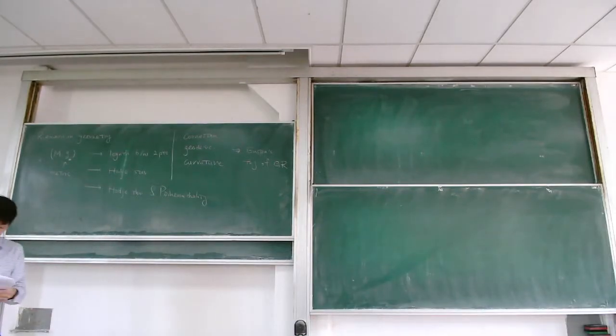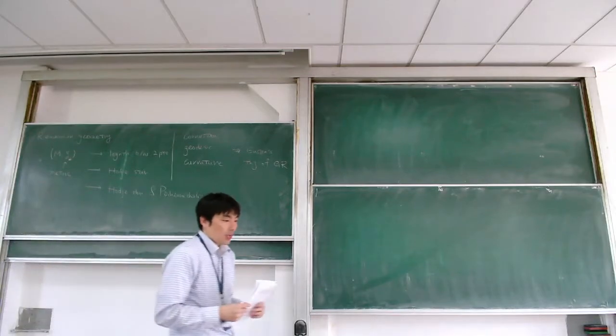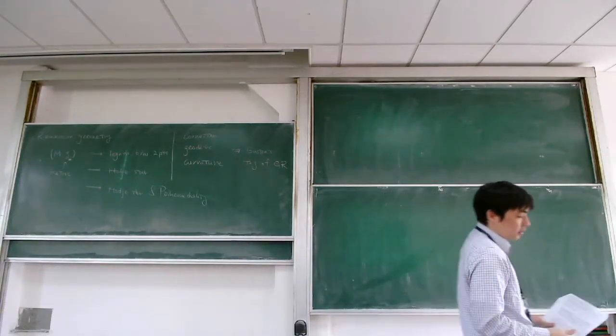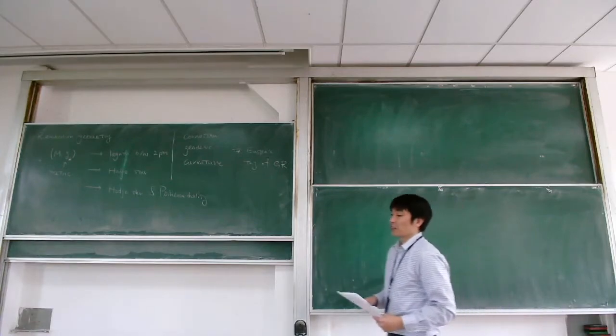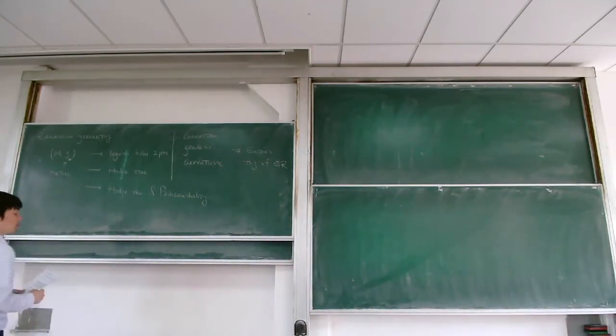So I'm going to introduce Riemannian geometry in a non-physicist way. Physicists learn Riemannian geometry through GR. They start with the equivalence principle and so on, and then they introduce the notion of curvature and metric in the physicist way.